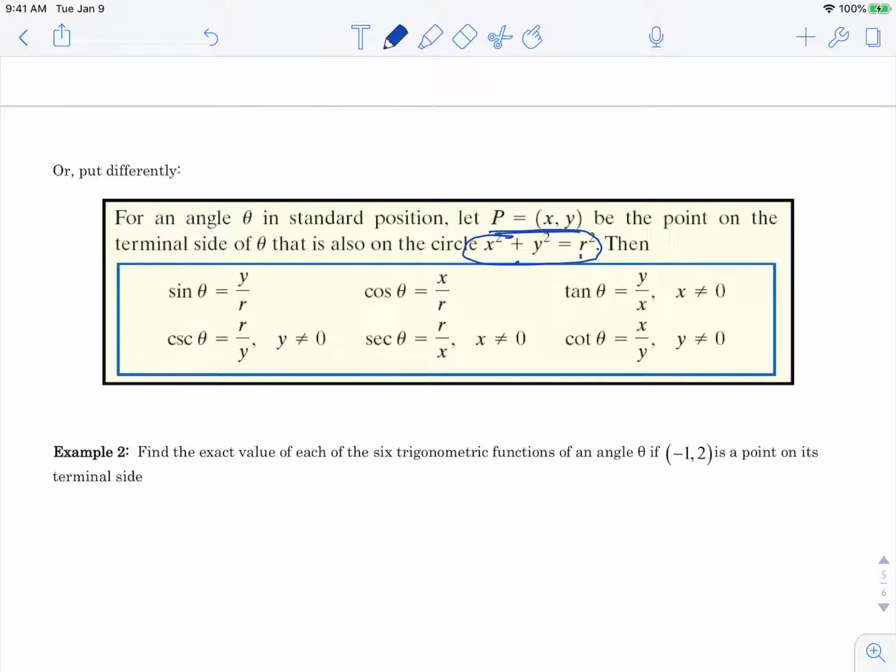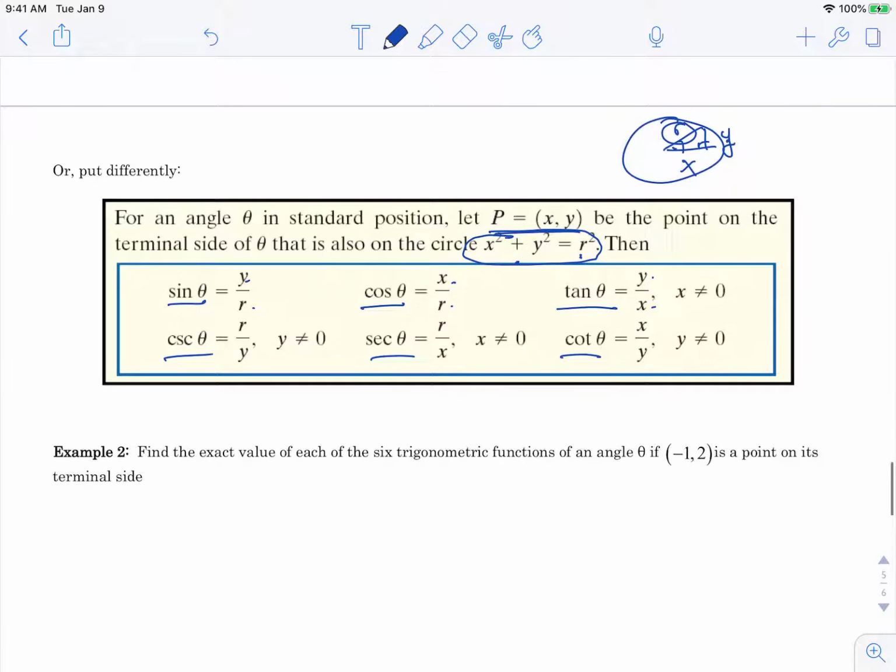And this is just the definition of sine, definition of cosine, definition of tangent, and so forth. Opposite over hypotenuse, adjacent over hypotenuse, and opposite over adjacent. So if you need a visual, this is your x, this is your y, that's your r. And so when you stand here, your sine would be opposite over hypotenuse, and so forth.